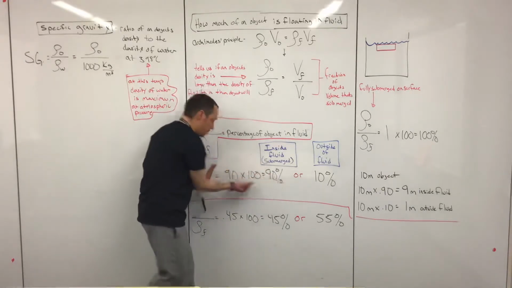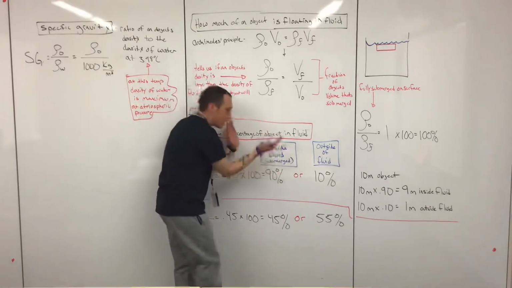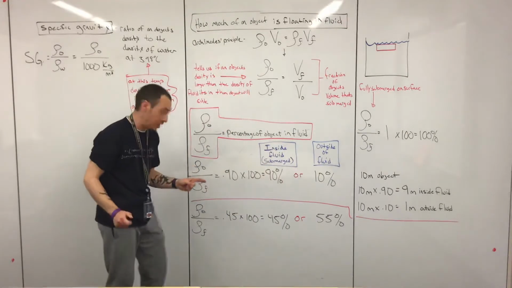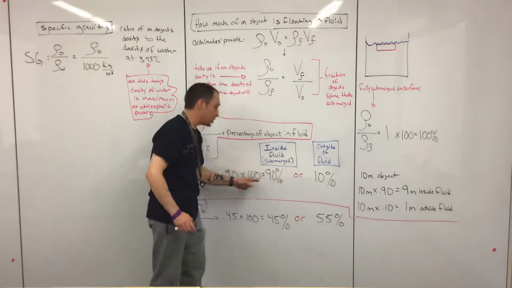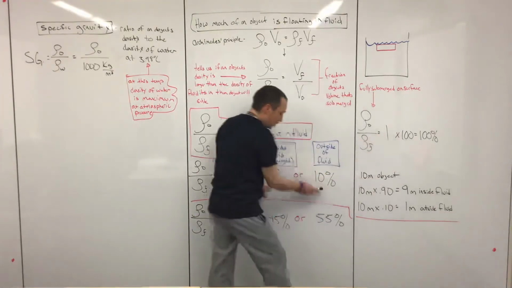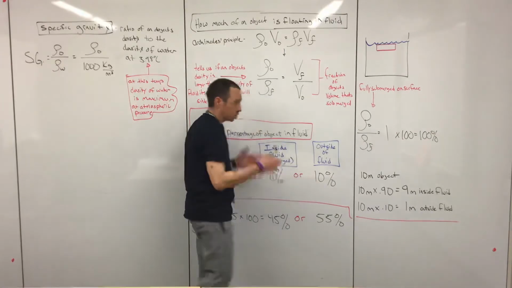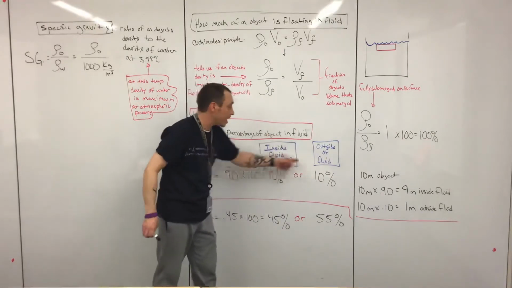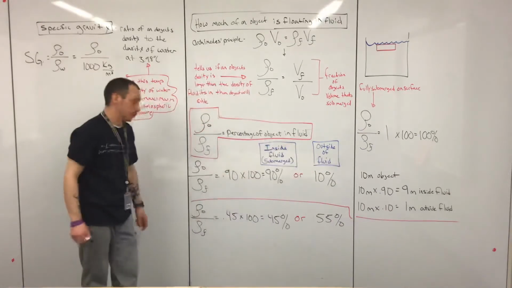So that first number you get when you do the ratio is how much of the object is submerged, okay? But since this ratio is based off of 100, you subtract 90 from 100 and you get 10%, since these are percentages. And that's how much is going to be outside of the fluid, all right?